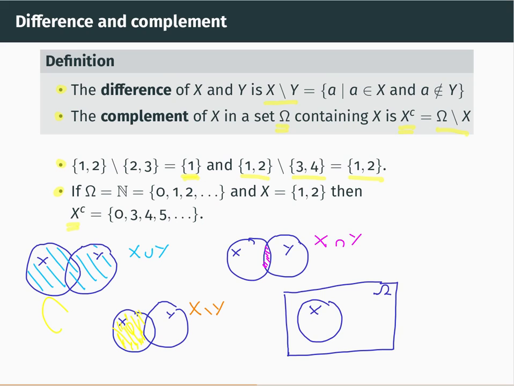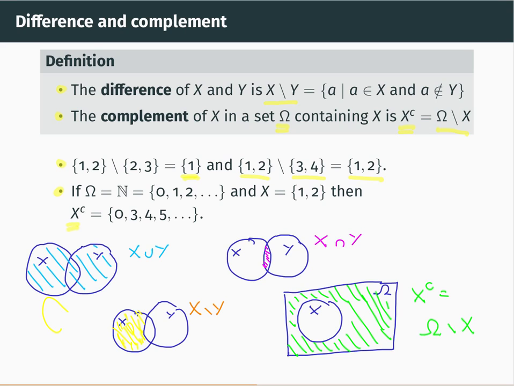So here, x. An x complement will be all the things which are outside x. So everything which lies outside our set. So in green, that's x complement, which is, by definition, omega set minus x.